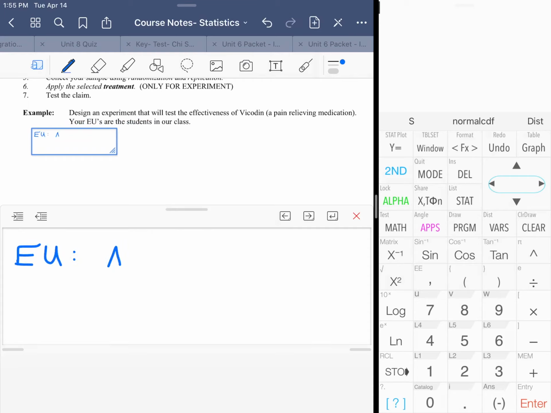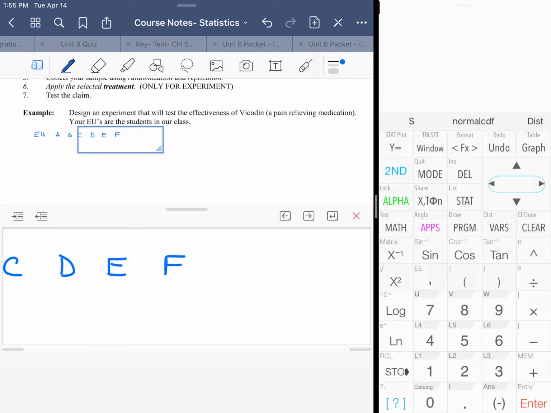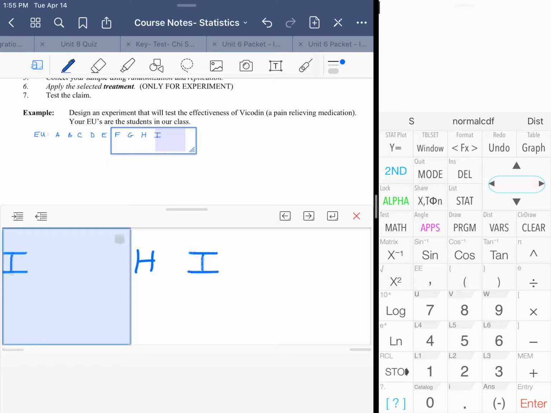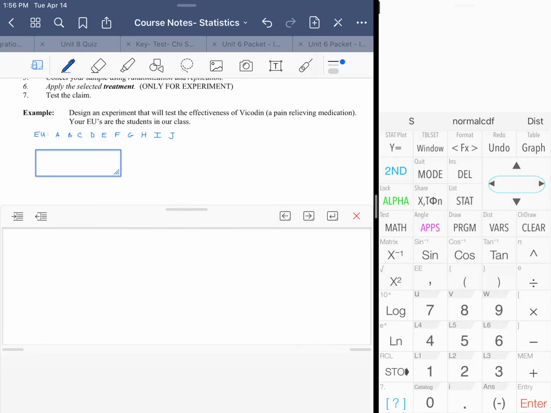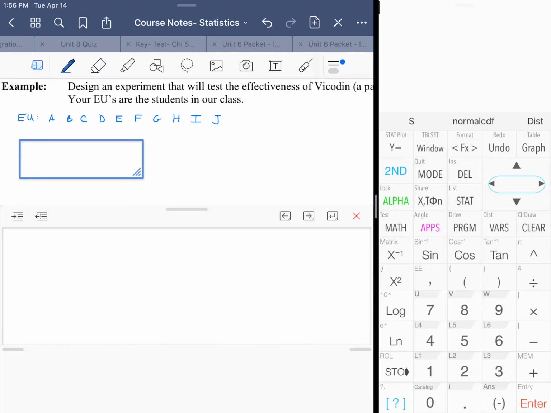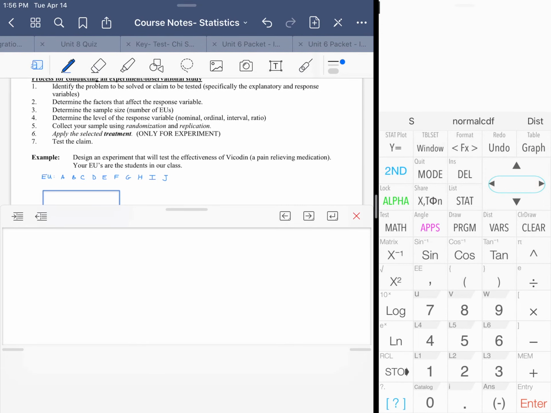So my EUs: A, B, C, D, E, F, G, H, I, and I'm thinking J. Actually, the hesitation was to make sure that I had 10 letters. I don't want to go too crazy. I want to just have 10 experimental units.